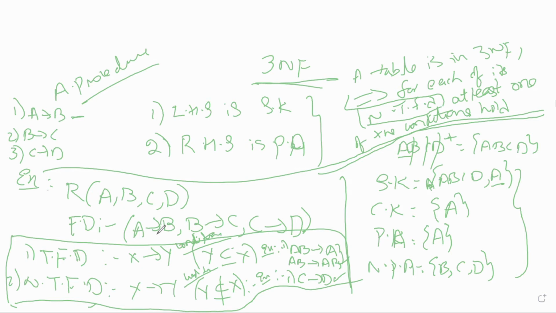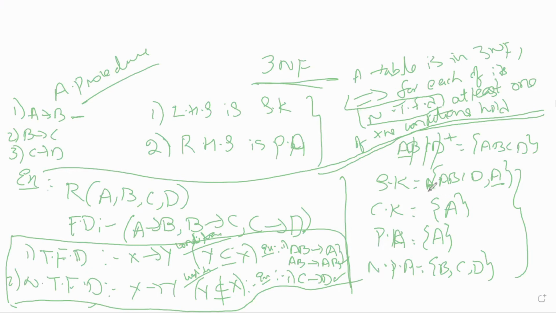Just remember one thing: all the candidate keys are super keys, but not vice versa. Because here, along with ABCD, A is also determining all the attributes, so it is also a super key.